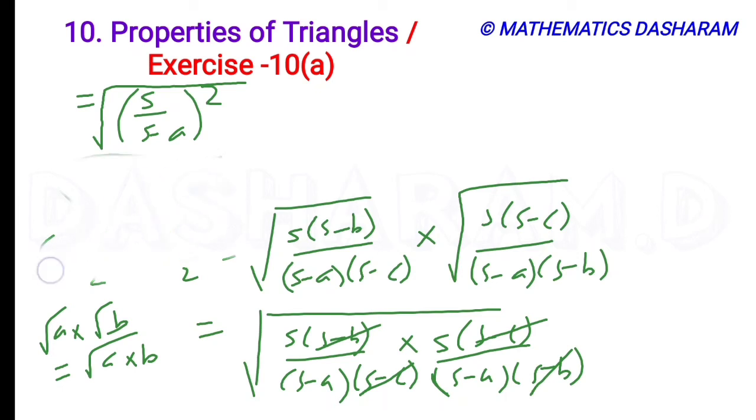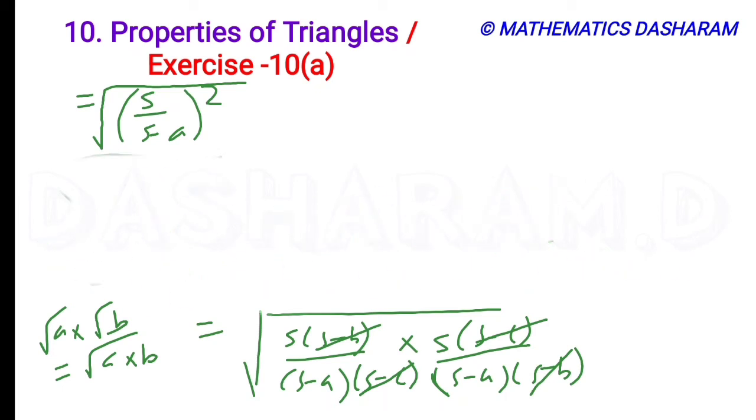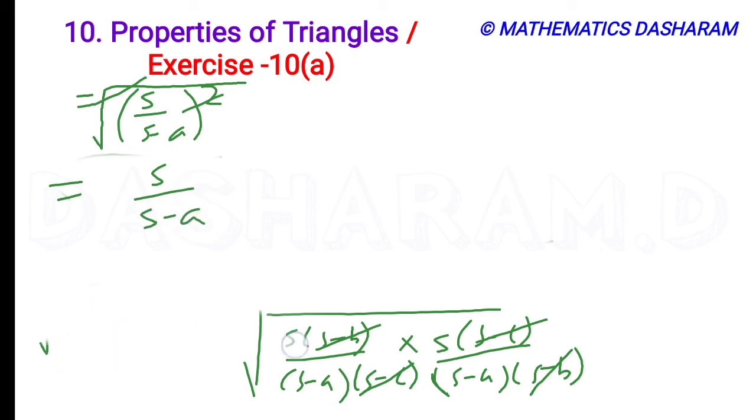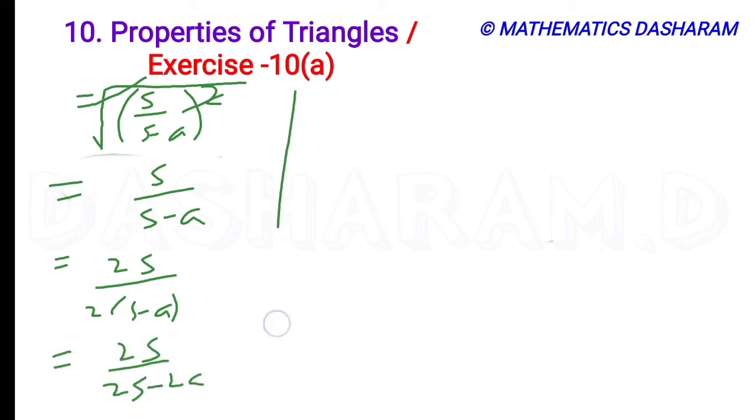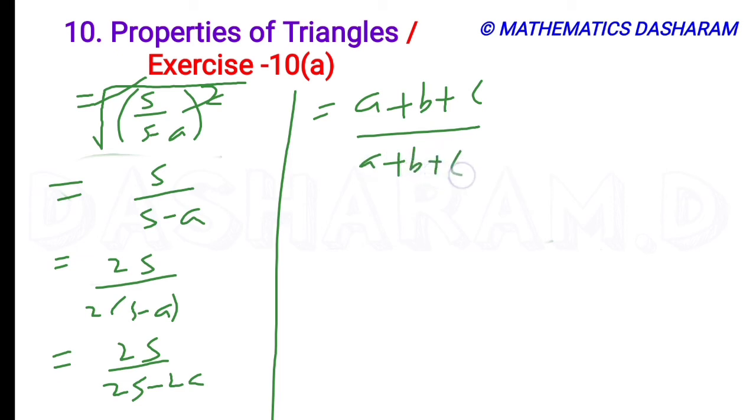Now we can cancel the square and square root, so then s divided by s minus a. Now numerator and denominator both multiply with 2, so 2s divided by 2s minus 2a. But we know very well the 2s formula is a plus b plus c, and here also a plus b plus c minus 2a.